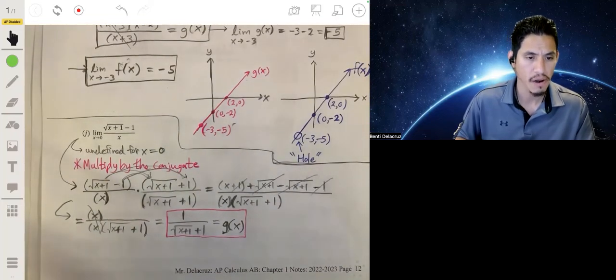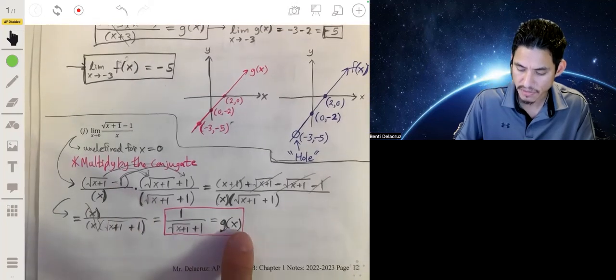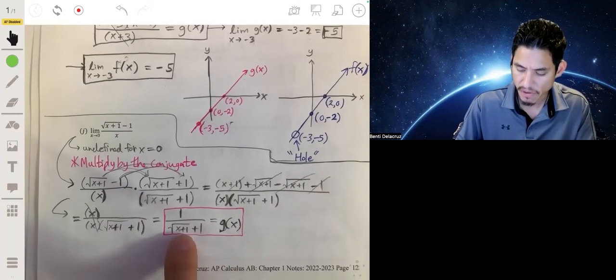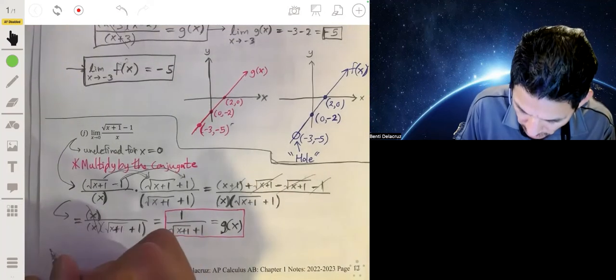Now for here, you can take the limit as x approaches 0 for g of x, because you're just going to have 1 over the square root of 1 plus 1. And so it's all good.